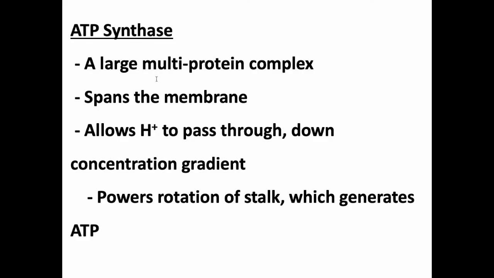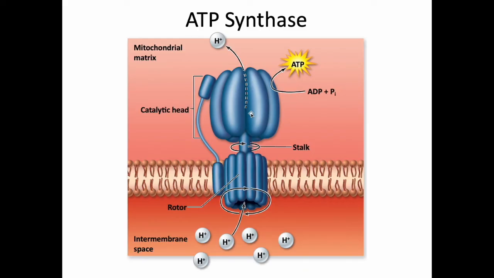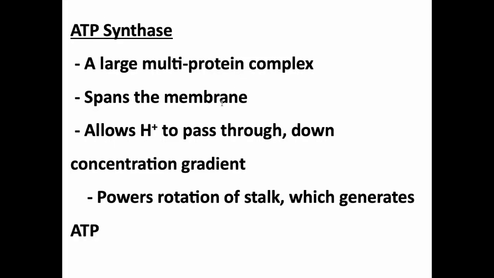This is a large multi-protein complex. Again, to use a term from several chapters ago, this has a quaternary structure. It's a bunch of different proteins that come together to form this big thing. It spans the membrane, again, reaches from one side to the other. It allows protons to pass through it down their concentration gradient, just like flowing downhill from high concentration to low concentration. It allows them to flow where they want to go.